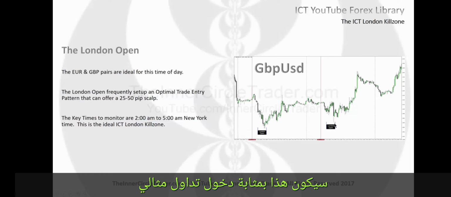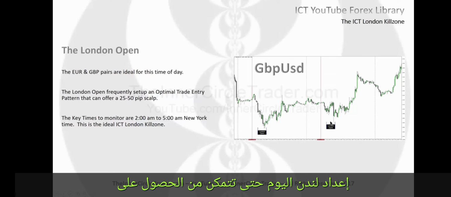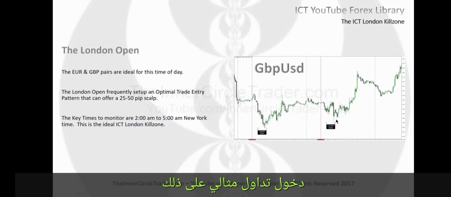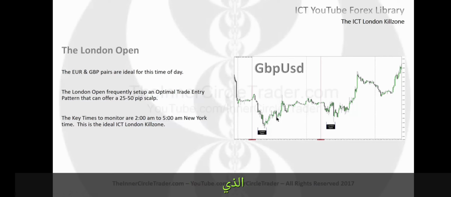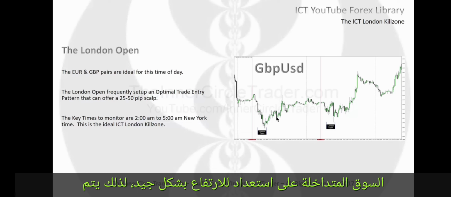And this would be an optimal trade entry long using previous day's data to today's London setup. So you can get an optimal trade entry on that, and price does an expansion on the upside, and we can see a very nice opportunity to have a long trade on both days here, focusing on London Open, creating the low of the day when the underlying market is poised to go higher.